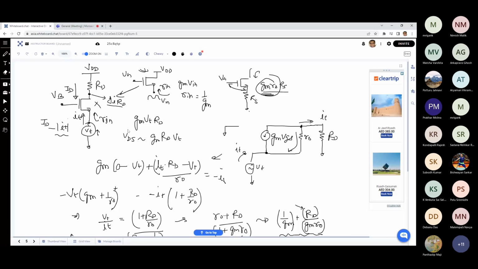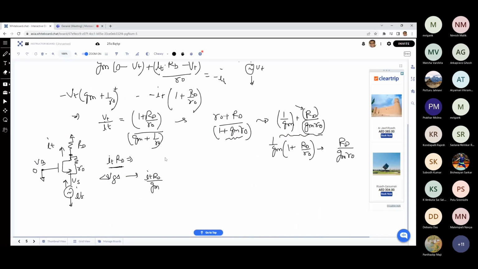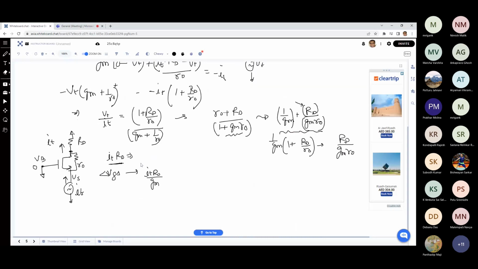So effectively what is happening is you are having delta VGS, which is much smaller than the output signal swing produced, and that overall gain will be determined by RD if your RD is much greater than RO.